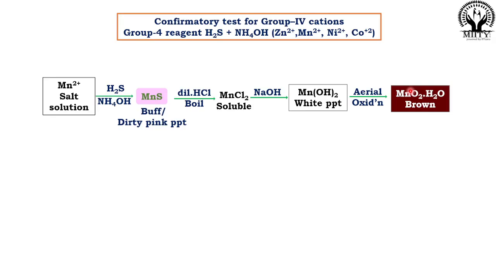This brown color is because of aerial oxidation of the white precipitate. Here Mn+2 is present; it undergoes aerial oxidation and converts into Mn+4, which is brown. This is how we confirm the manganese present in the original salt solution.